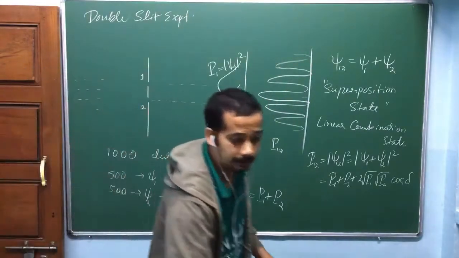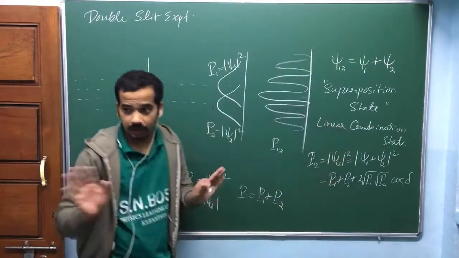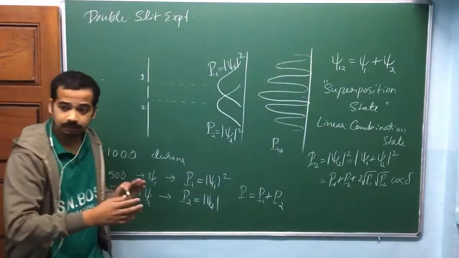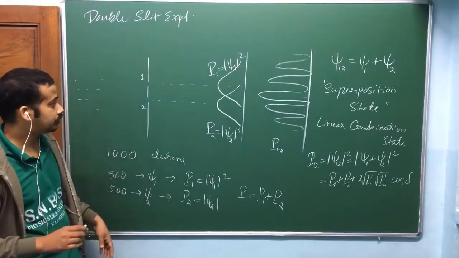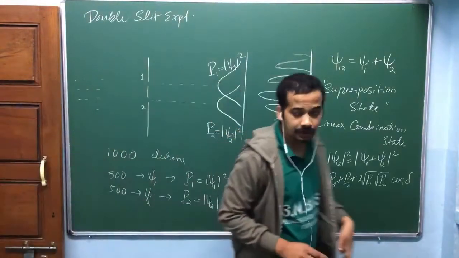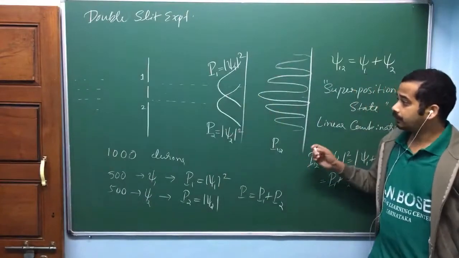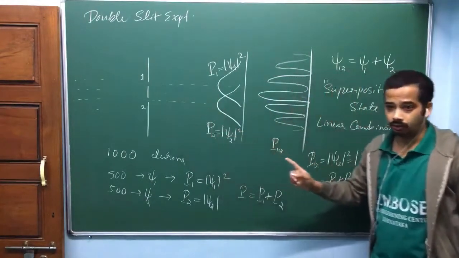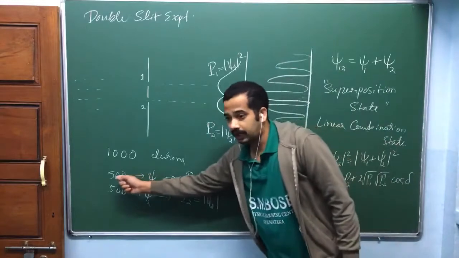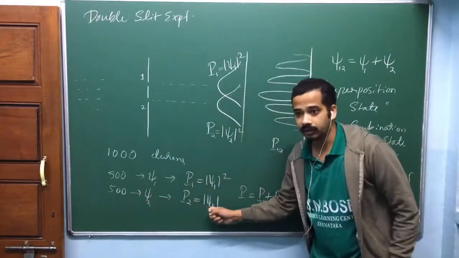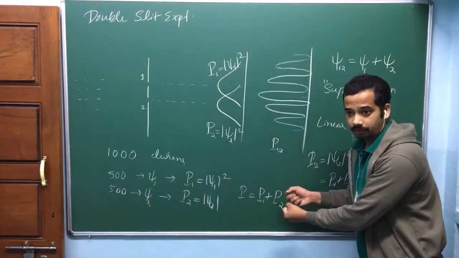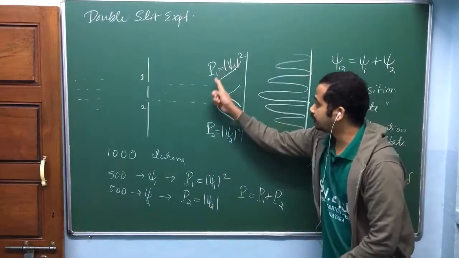I am not talking about observation, I'll come to that later. If 50% of them were from slit 1 and 50% from slit 2, then that 50% will produce this pattern, the other 50% will produce this pattern, and merging the patterns is what we need to observe, which is continuous, am I right?